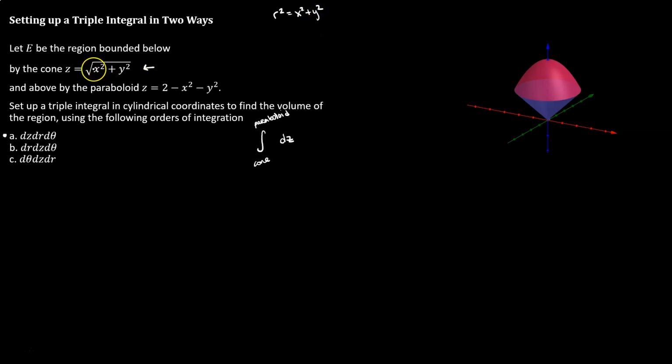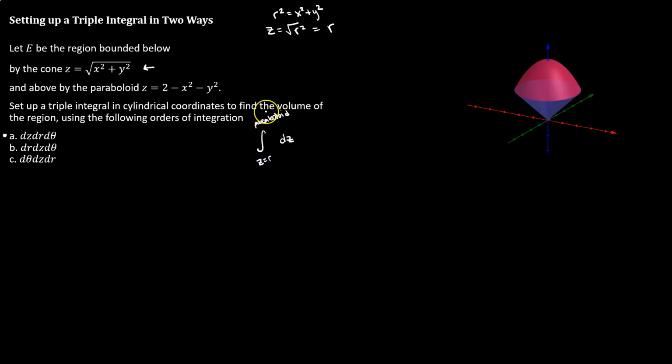So I'll replace the inside of this square root with r squared to find that z is the square root of r squared, or rather that z is equal to r. So my bottom bound, the cone, instead of writing it in rectangular coordinates, I'm going to write it in cylindrical, and I'll write z equals r.